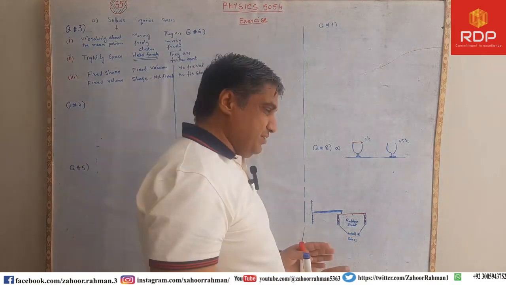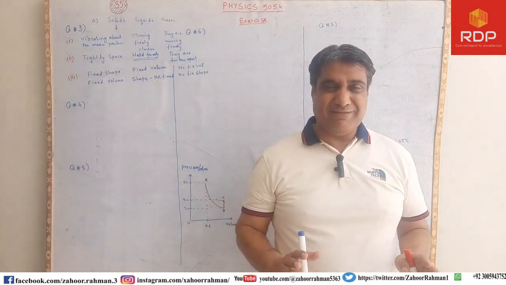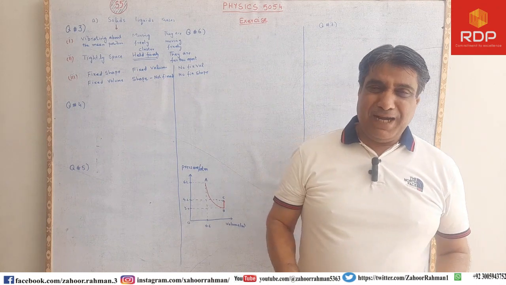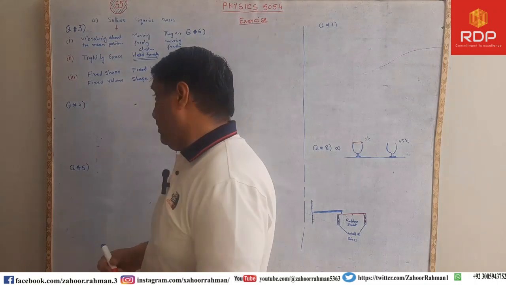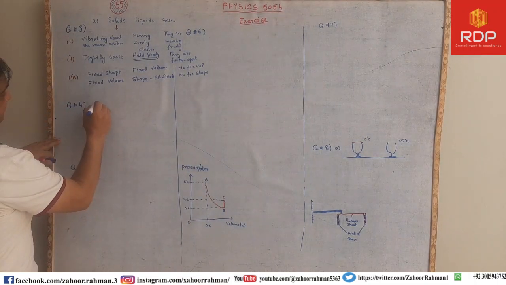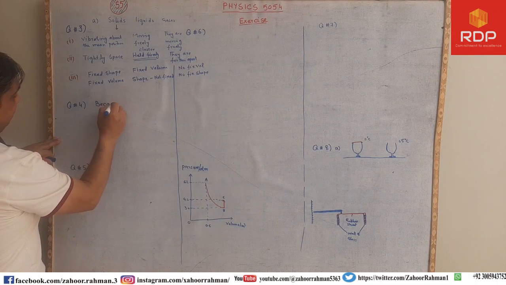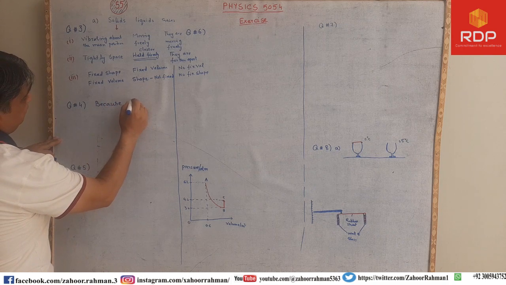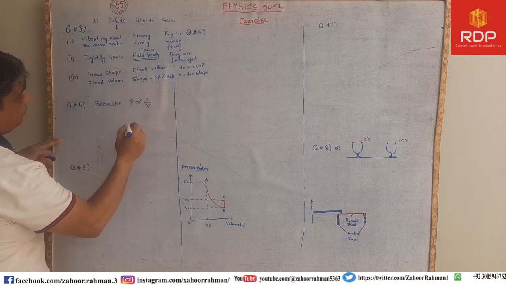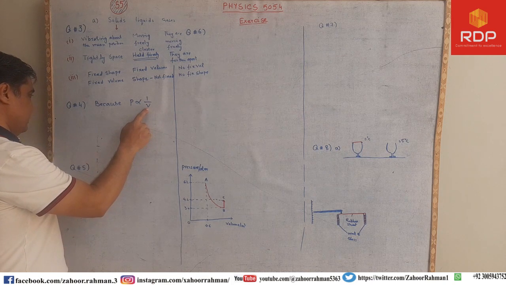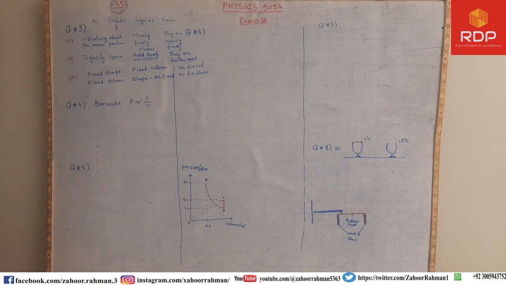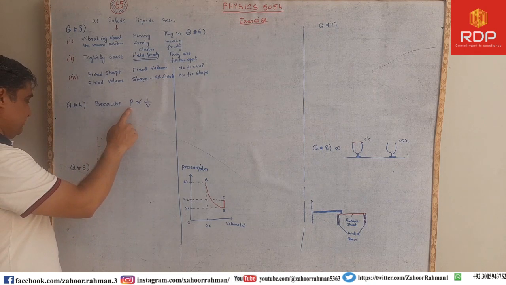This is according to Boyle's law, that pressure and volume are inversely proportional. The question is saying this as well: when we reduce the volume, the pressure will increase.